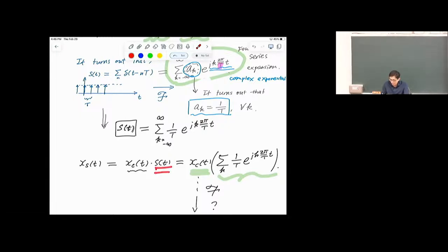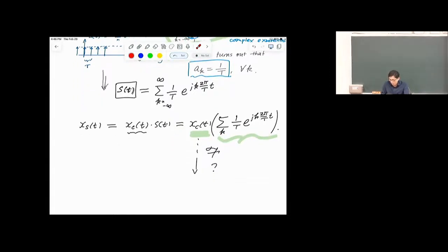This is a simple substitution. But then, when we look at this equation, we are now ready to go to the frequency domain. What's new today is that I want to check what will happen in the frequency domain.